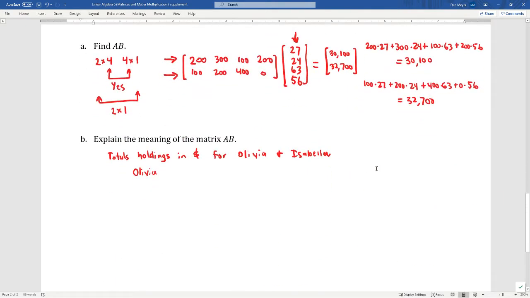Yes, Olivia has $30,100 worth of stock, and Isabella has $32,700 in stock.